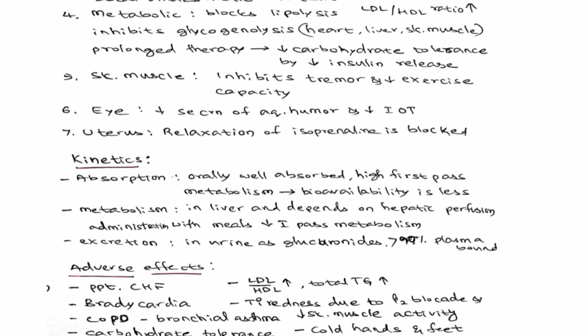To increase the bioavailability, the drug is given along with food so that the metabolism rate will be reduced and more drug is available for absorption. It is metabolized in the liver and excreted mainly through urine by glucuronide conjugation. It is more than 90% plasma bound.